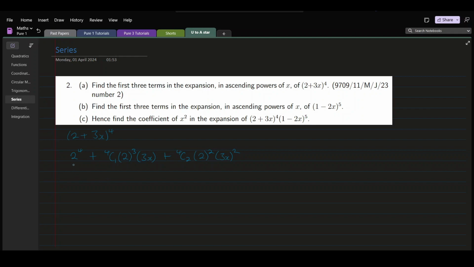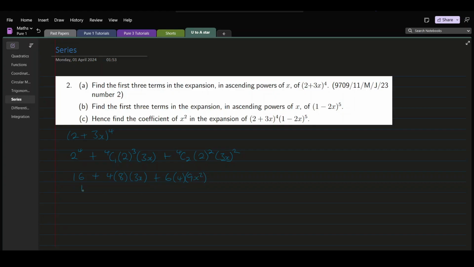Now let's simplify the coefficients. So 2 to the power 4 gives us 16, and then 4 choose 1, that's 4, times 2 cubed, which is 8, times 3x, plus 4 choose 2, that's 6, times 2 squared, which is 4, times 3x squared, so square the 3 and then square the x. So 3 squared is 9, and then x squared.